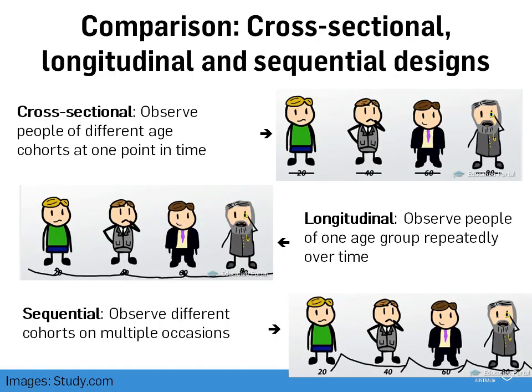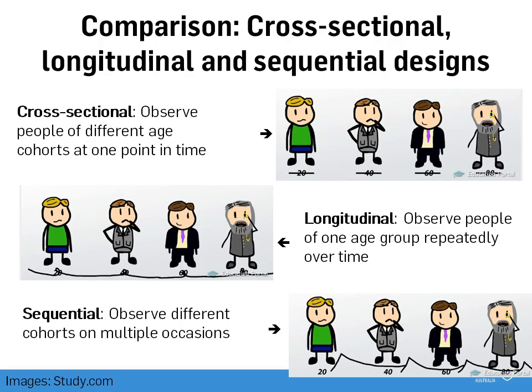Another thing that researchers studying human development need to consider when they design a study is how frequently they will collect data from subjects. In a cross-sectional design, you take a group of people and study them now to see what the differences are among age groups. That saves time because you can do all the research now, but it just gives you a snapshot of what's happening at a particular point in time.